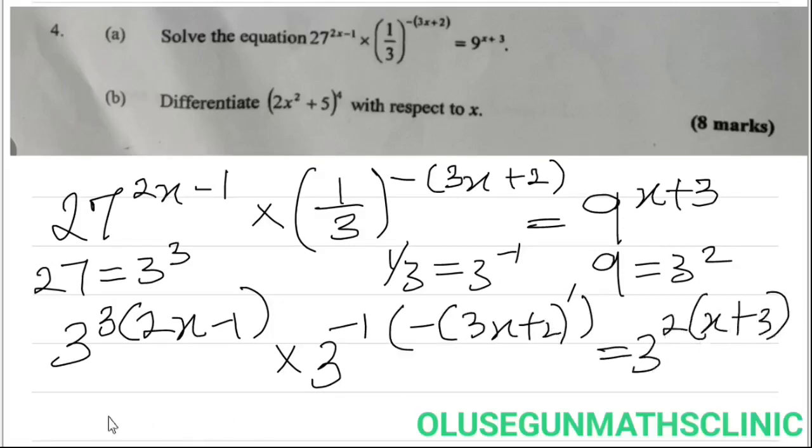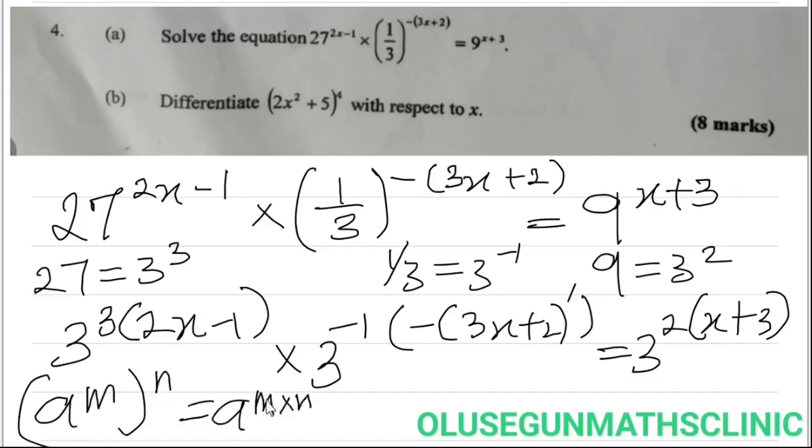Can we still recall that a raised to power m, all raised to power n, can be written as a raised to power m times n? This is the power rule of indices. So we now apply these rules of indices to our exact solution where we stopped.